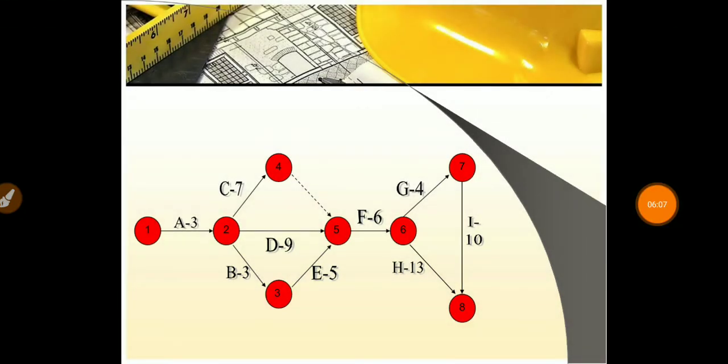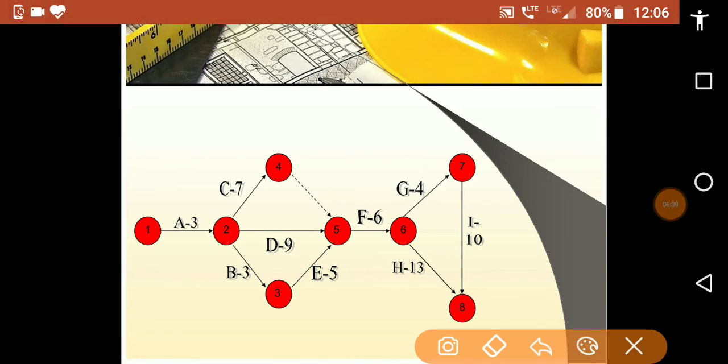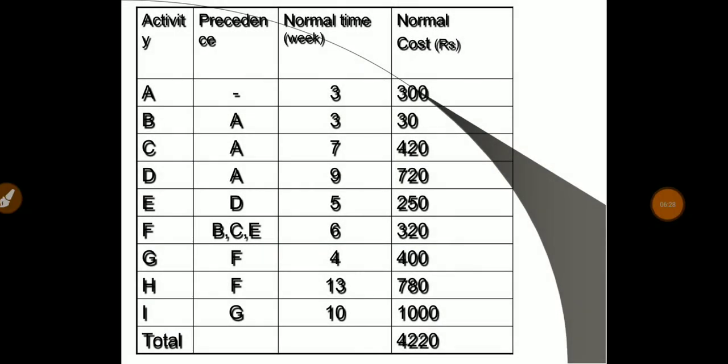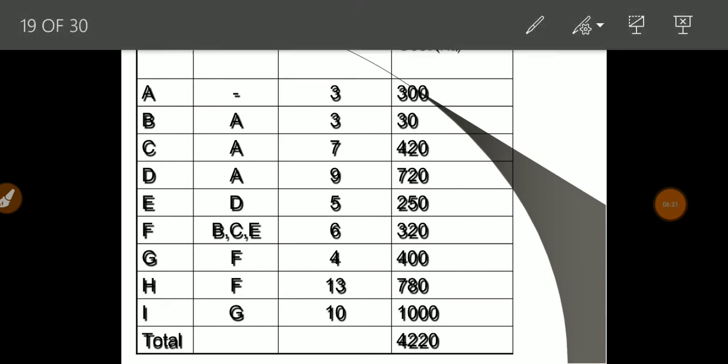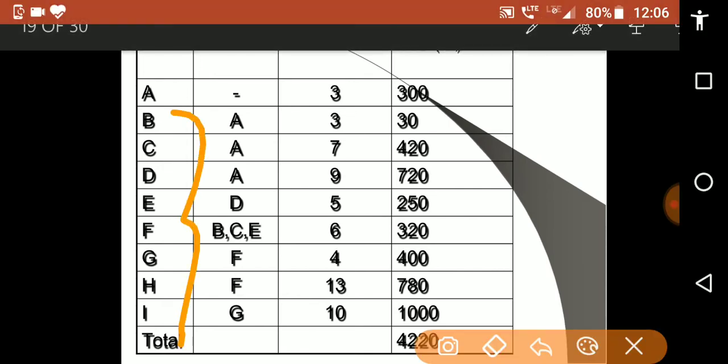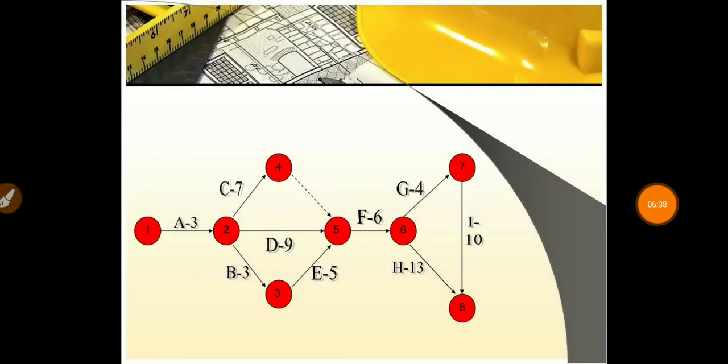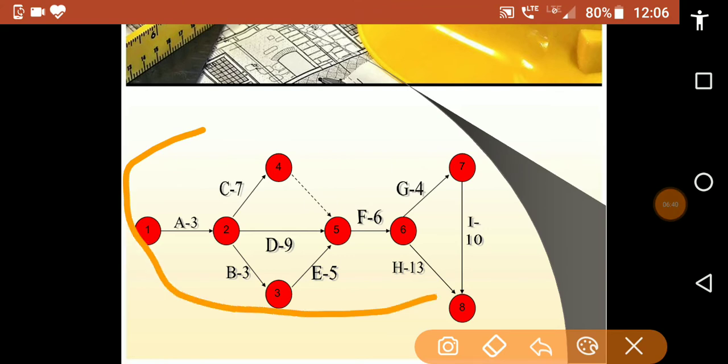And we know A, B, C, D, E, F, G are activities, and 3, 7, 9, 5, 6, 4, 13 are the time durations in weeks, which are shown in this diagram. These are the activities and these are the time durations. So this is the whole network of the above problem.